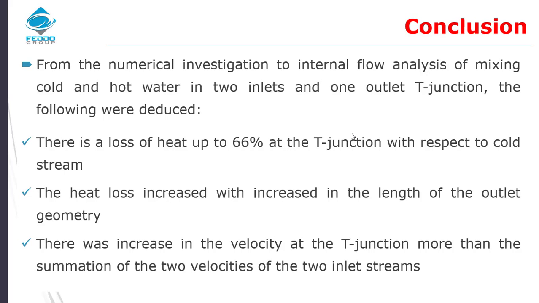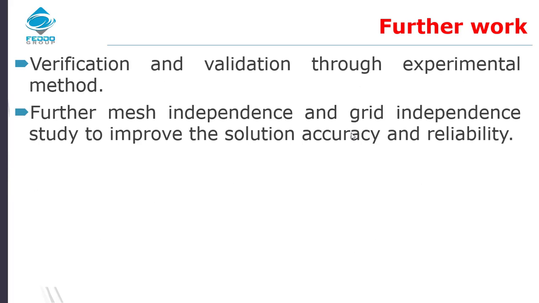At a point we tried to increase the outlet of the geometry, and we realized that the more we increase it, the more the heat loss. There was also an increase in the velocity at the T junction more than the summation of the velocities of the two inlet streams. So these are our observations, and these are our conclusions as well.